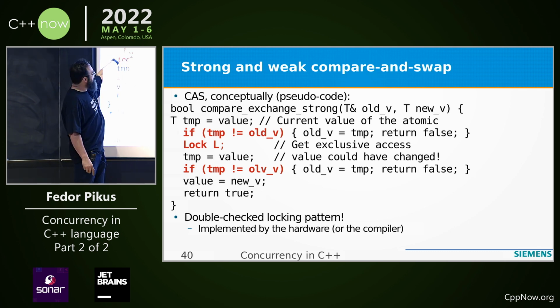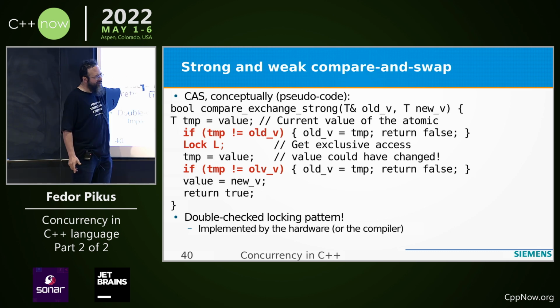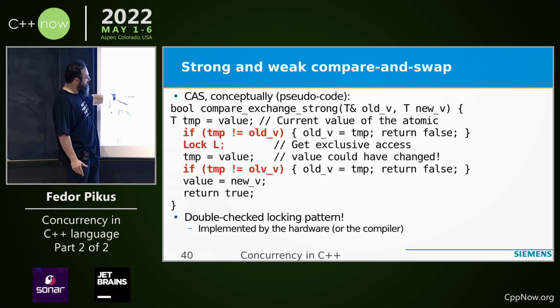So you try to get the value essentially with a shared lock, the reader's lock at the hardware level. And if it's wrong, you're done. If it's right, now you get your exclusive lock. Well, maybe while you were putzing around here, somebody changed it, so you have to read again, revalidate. It could have changed. But if it didn't, then you go and update it.